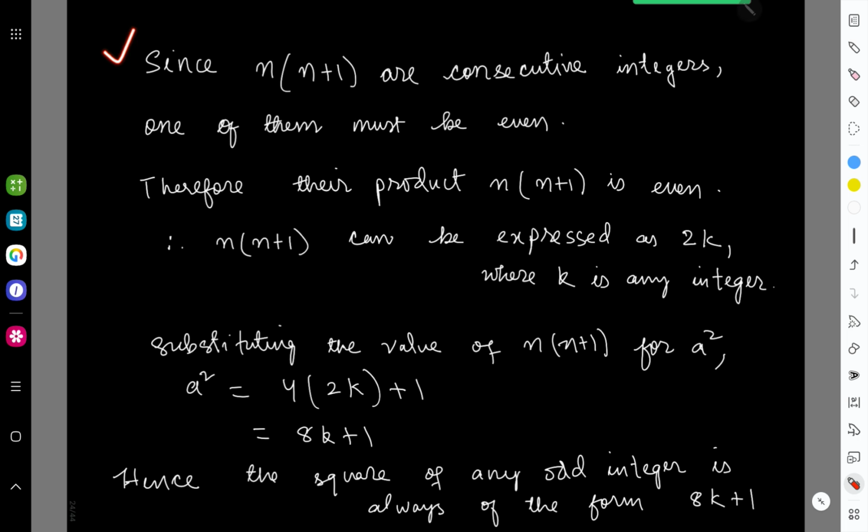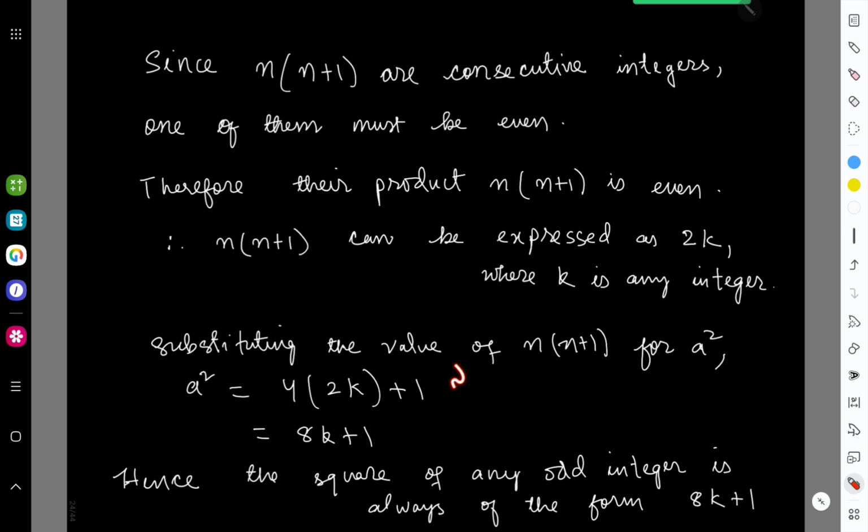I have also given the explanation here. Since n and n plus 1 are consecutive integers, one of them must be even. Therefore, their product n times n plus 1 is even. Fair enough. Therefore, n times n plus 1 can be expressed as 2k, where k is any integer.